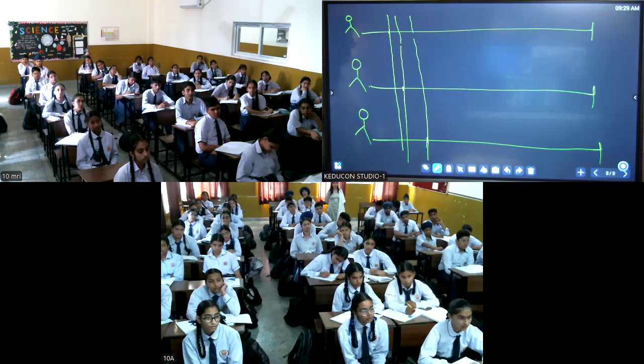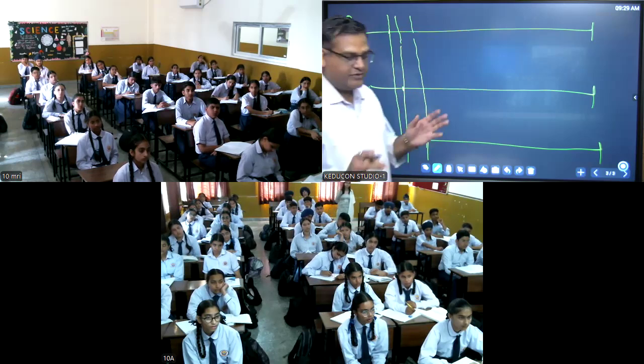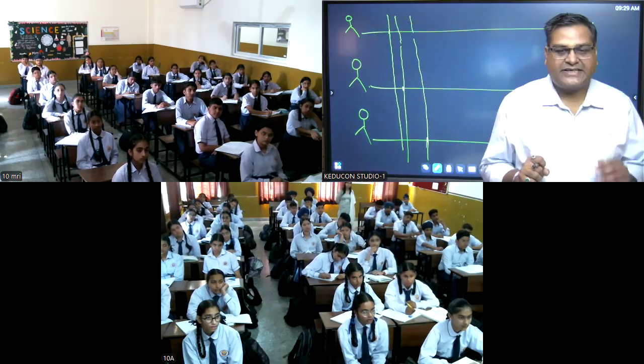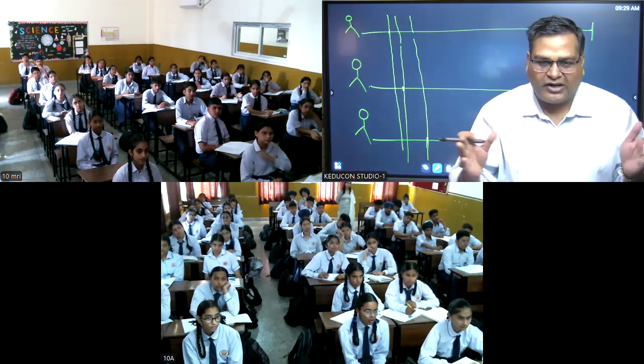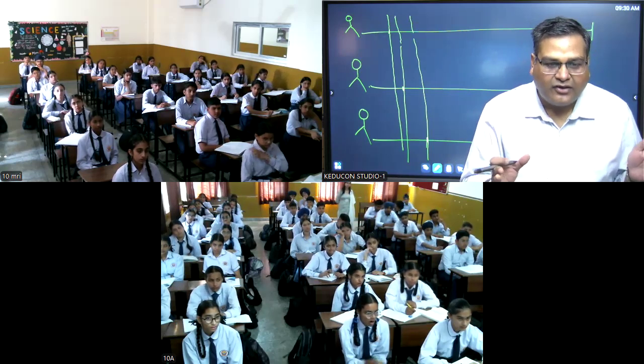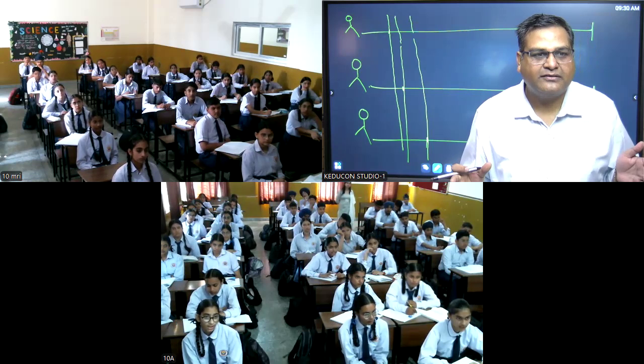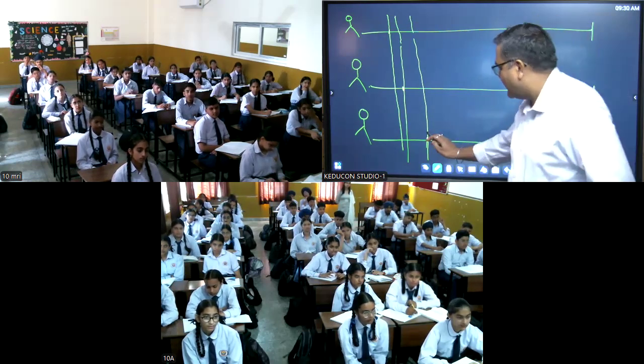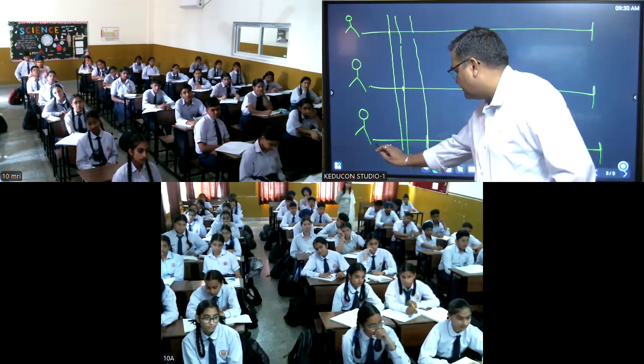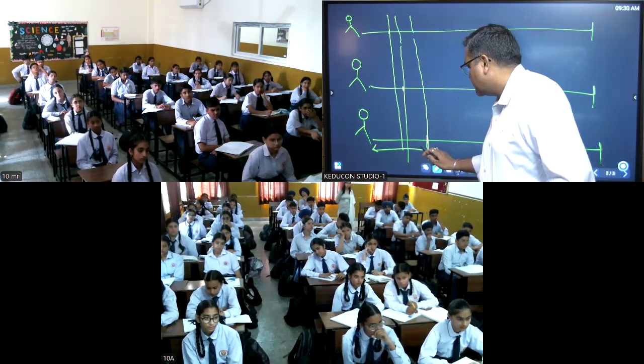This is a bigger step. Now see what is HCF? It is smaller than all the three numbers. Yes or no? Yes. This is the size of the step, one step of this person.